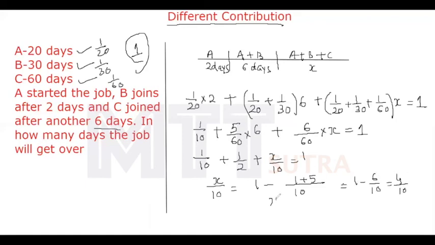So you will get X equals to 4 days. X is 4 days, so they require 4 more days to finish the job. But what is my answer? My answer is how many days they require? 2 plus 6 plus 4, that is 12 days. So they require 12 days to finish the job.